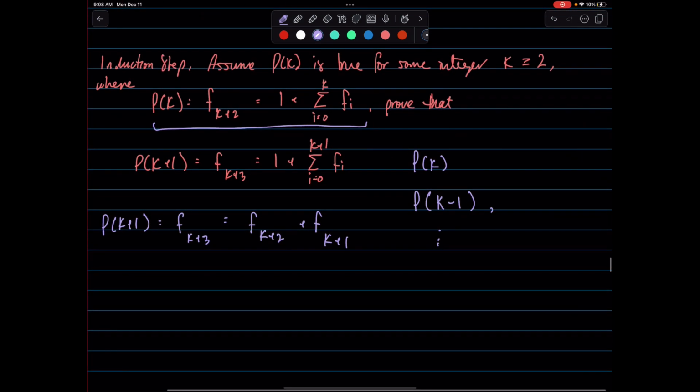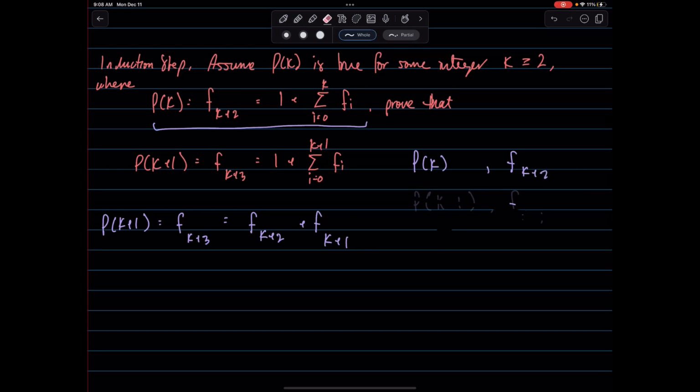And p of k minus 1 is just f of k plus 1. This is f of k plus 2. So both of these are within our inductive step. So this is just p of k and this is just p of k minus 1.